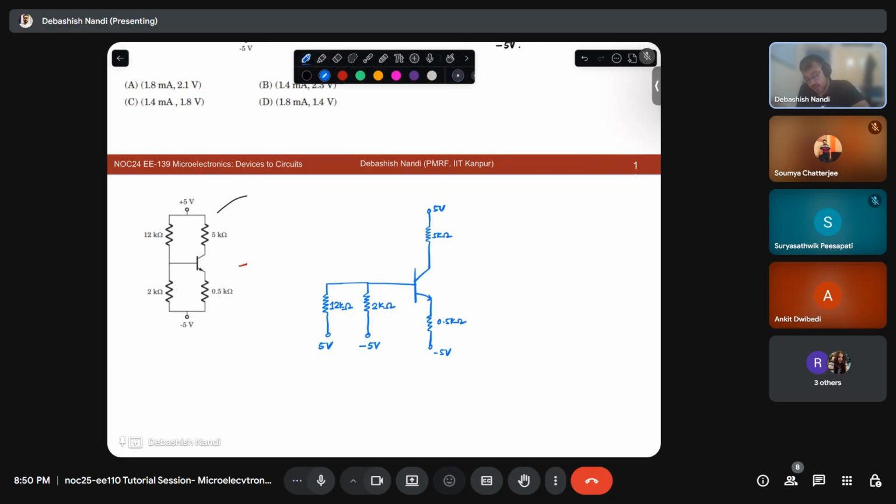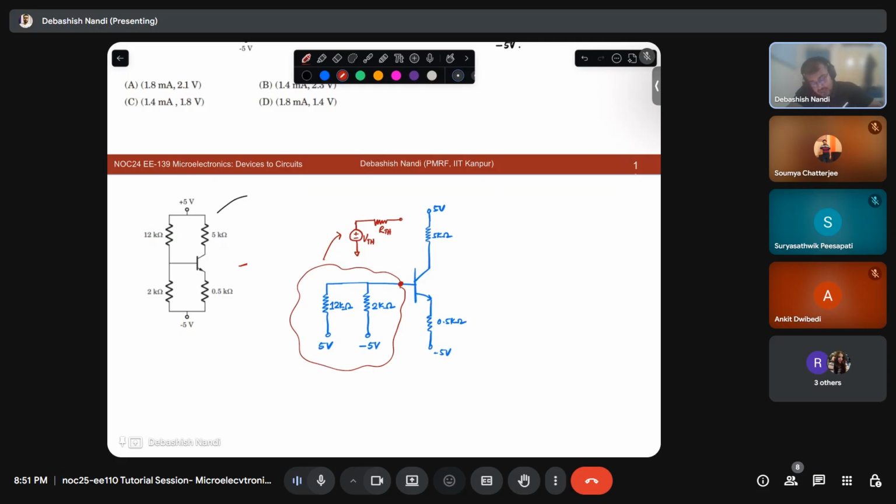Yes, sir. Now I want to replace this entire thing by a voltage source and a series resistance. What theory in my arsenal do I have to use? Thevenin circuit. So this is nothing but your Thevenin resistance and Thevenin voltage source, right?